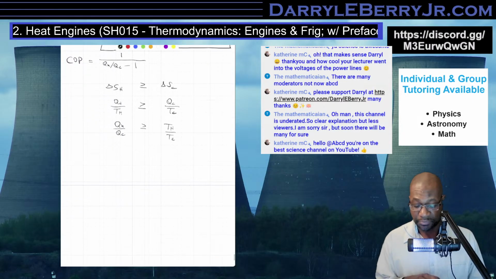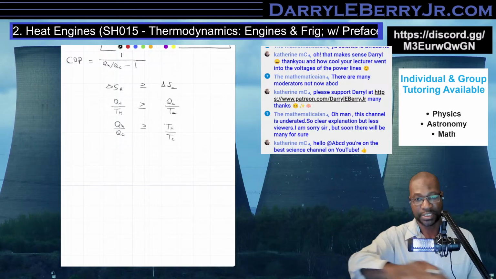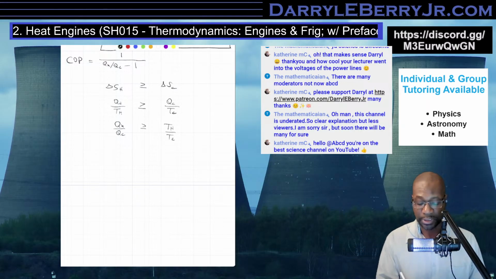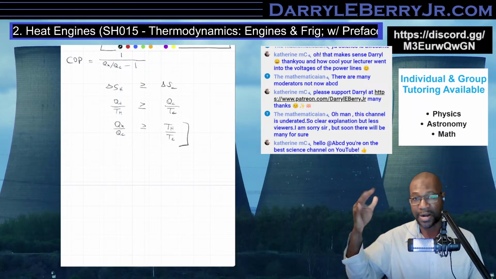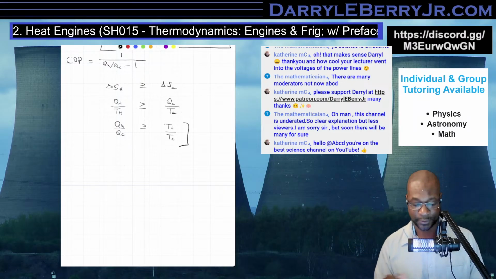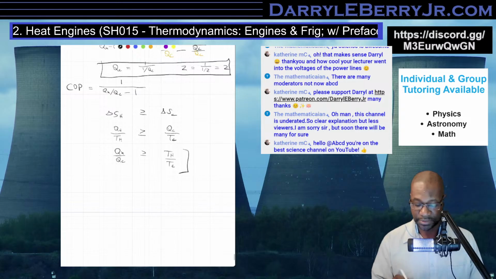So this is the relationship relating the temperature of the hot and the cold of a refrigerator relative to the energy that's being moved around in a refrigerator. And now we can start to relate the efficiency of a refrigerator compared to how hot or cold the environment is.